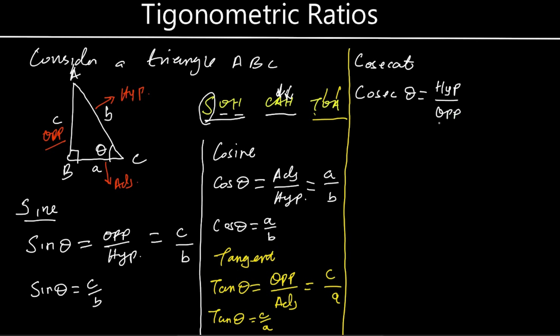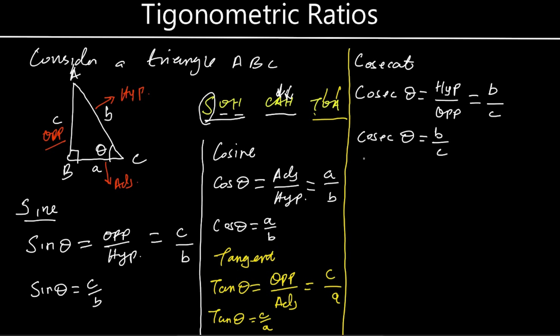If we define it with our letters, the hypotenuse is letter B divided by the opposite side, which is letter C. And therefore, our cosec theta is equal to B divided by C. So that is for the cosecant.